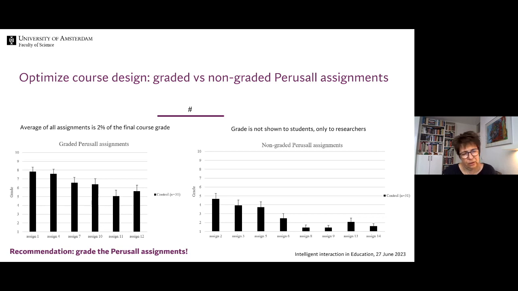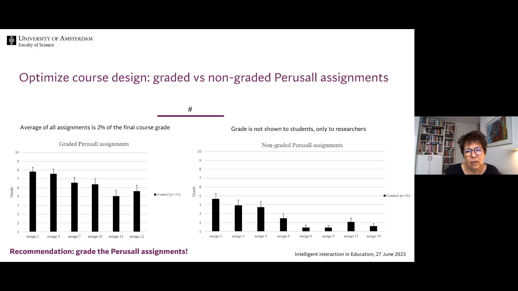He used an alternative way: the first assignment was graded, the second and third assignments were non-graded, the fourth assignment was graded, and so on. On the left side are the graded assignments, and on the right side the non-graded ones.